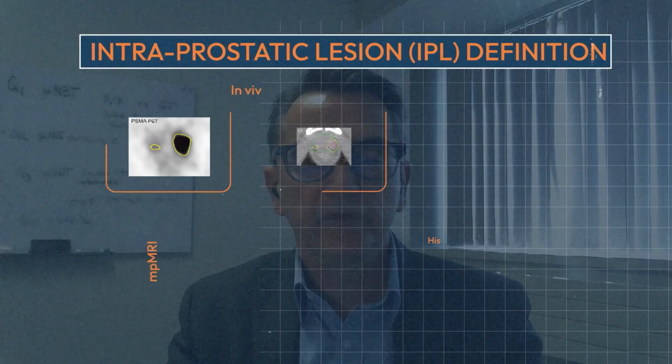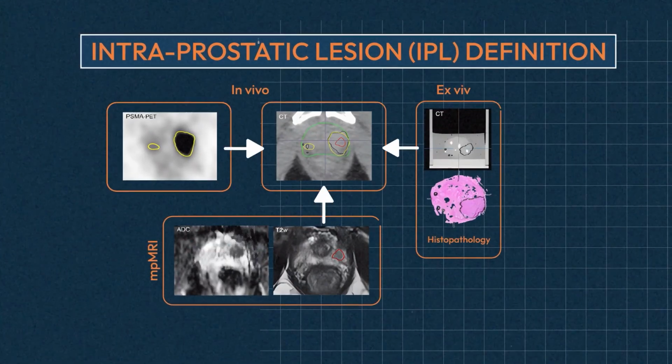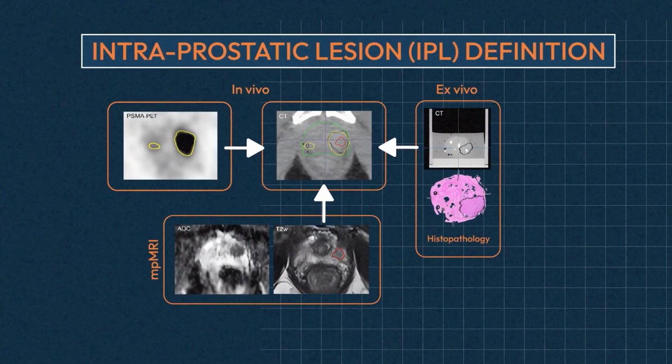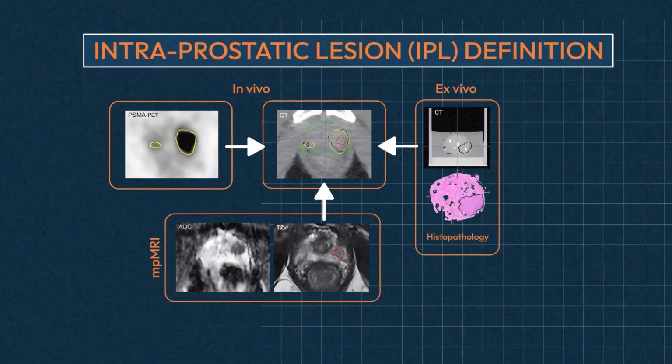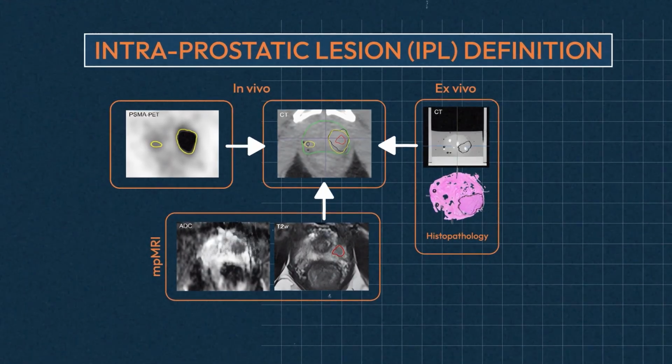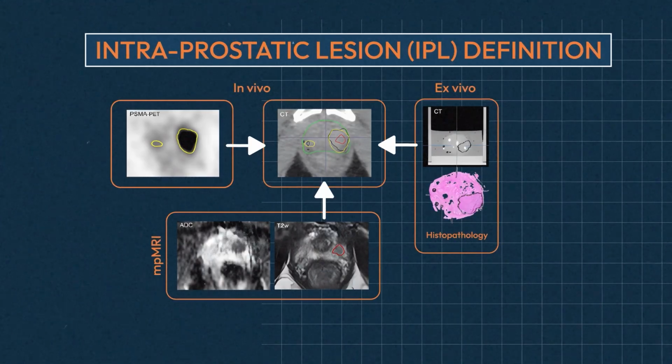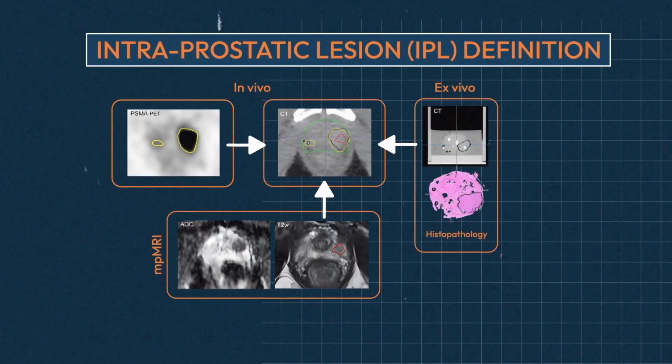So this correlation of these pre-surgery images and post-surgery pathology has really helped us to understand that both MRI and PET will help us identify foci of cancer in the prostate.